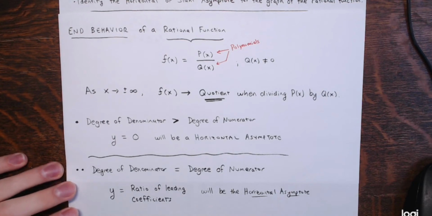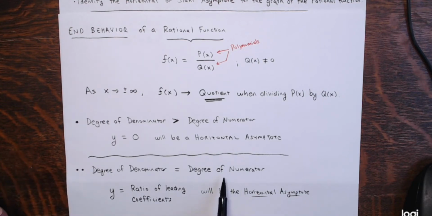Now, if the degree of the numerator is greater, then you'll have to perform long division. I mean, you have to perform long division anyway, but it'll be more steps if the degree of the numerator is bigger.